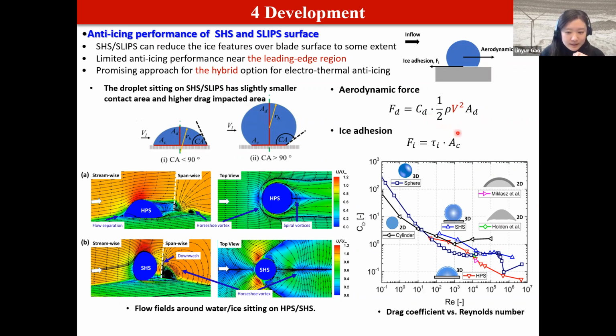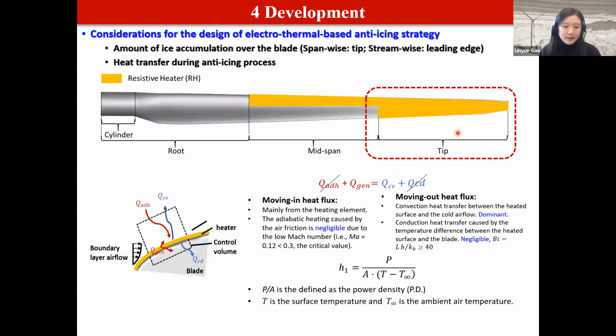So based on this, is there any way that we can optimize the performance of the superhydrophobic surface or slip surface? So here we consider a combination of the traditional electrical heating methods and the superhydrophobic surface.